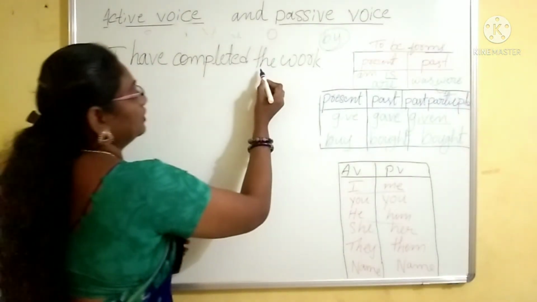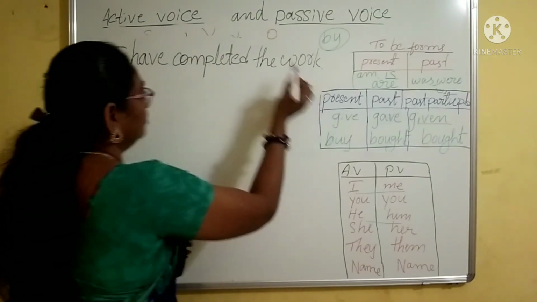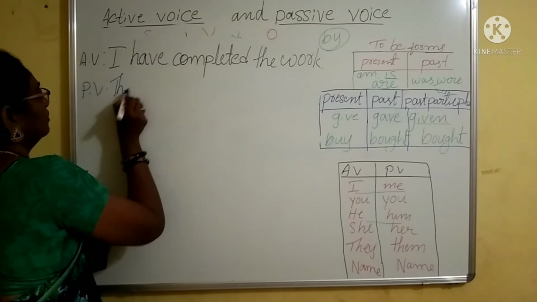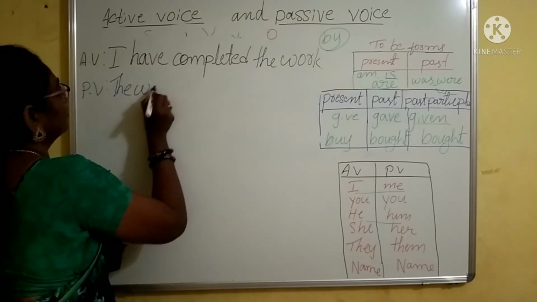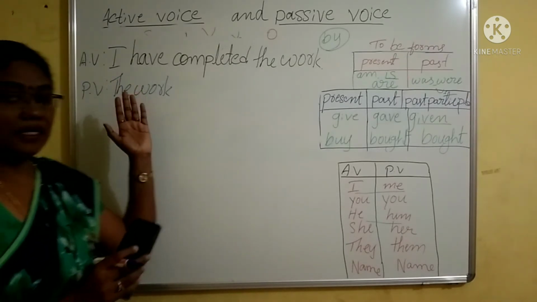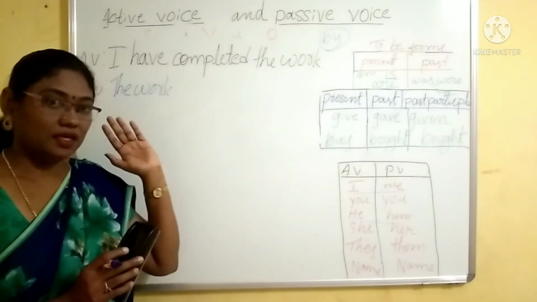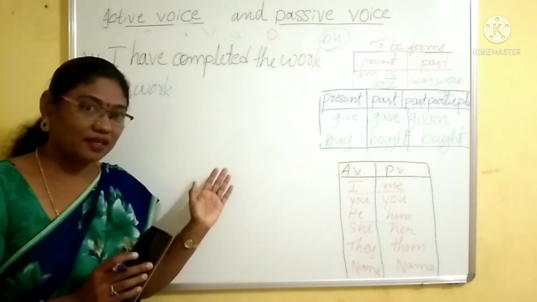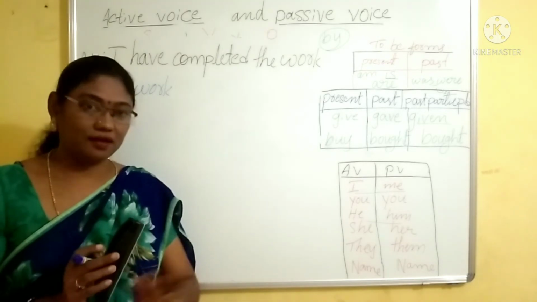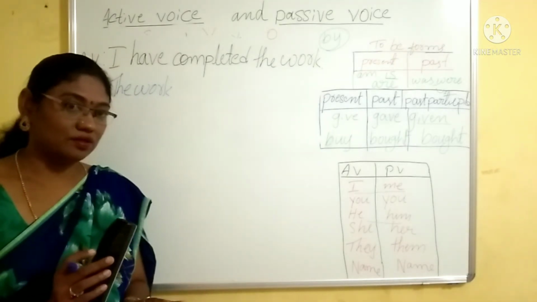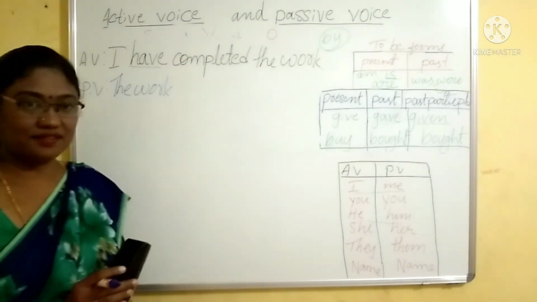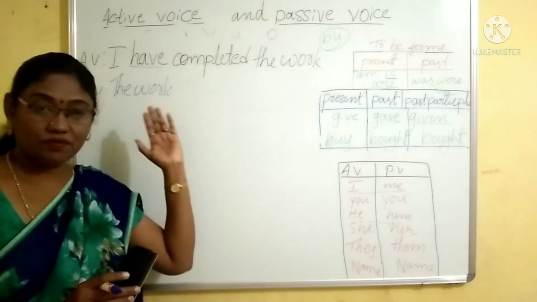As per the rule, the object will be written first. The work. And in this type of sentence, is it necessary to select a to be form? No, not at all. Why? Because the helping verb is already there in the sentence. Yes, have is the helping verb.